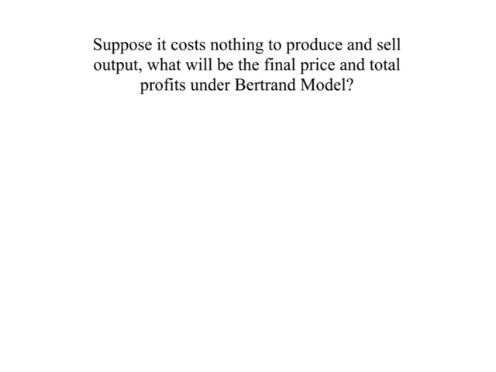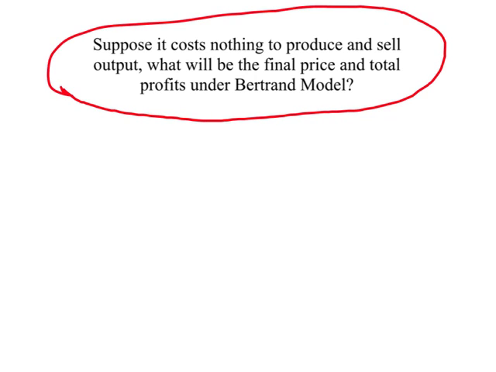consequences of the Bertrand model. Consider a very simple example where it costs nothing to produce and sell a product, and there are still two firms and each one wants to maximize total profits. In such a case, what is your guess as to what will be the final price and total profits made under the Bertrand model?